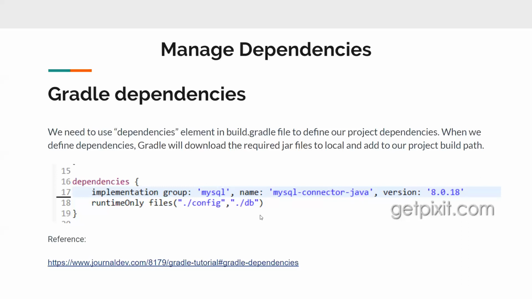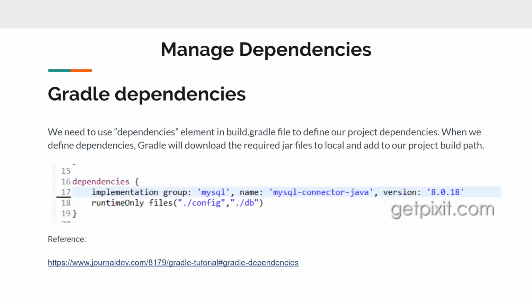Arigraj, I have one doubt. I have not used apply plugin Java or Java library, but still I can use implementation group inside the dependencies element, right? Because I'm using it like that only.